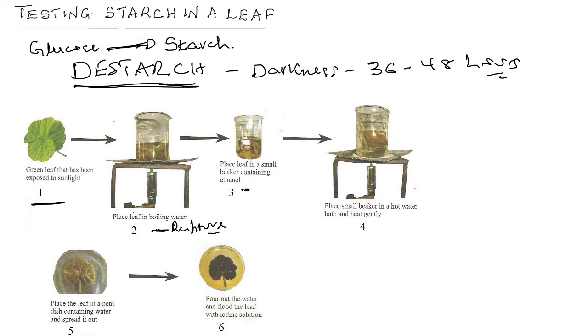After about 5 minutes of heating the ethanol, the leaf is then placed in a petri dish containing warm water, or it can also be placed in another beaker containing warm water.